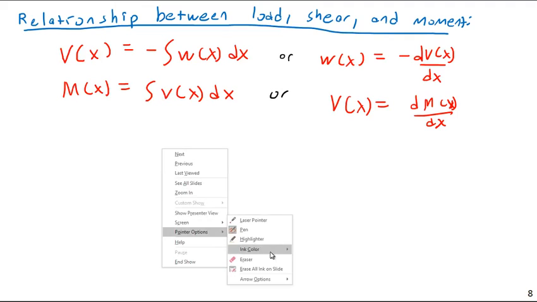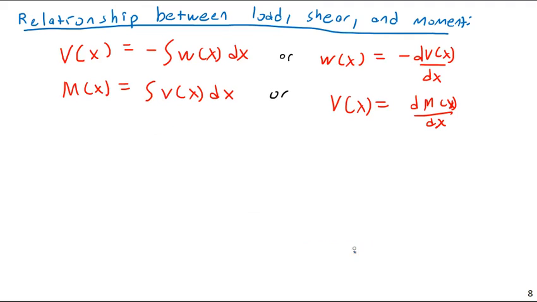Another way to think of this is that V of b minus V of a is equal to the negative integral from a to b of w of x dx. Again, this is just a calculus thing.